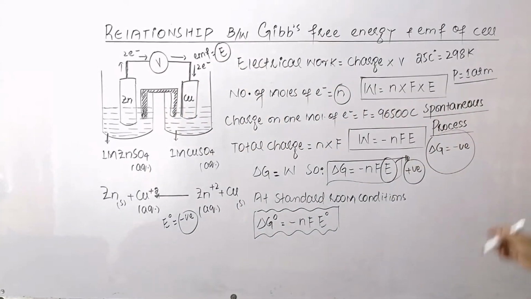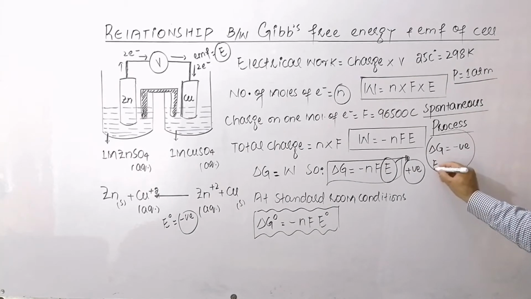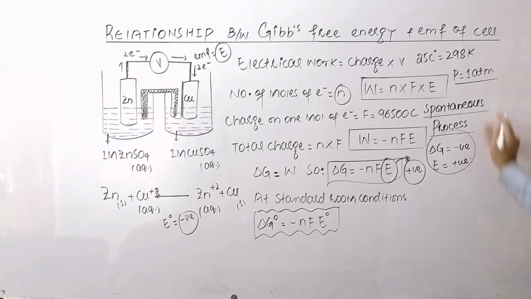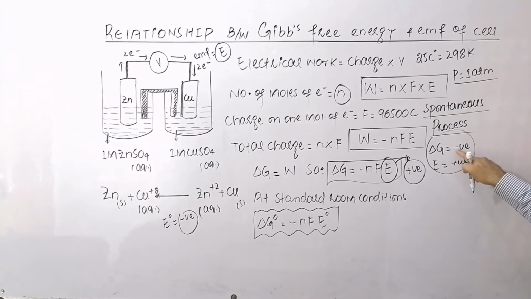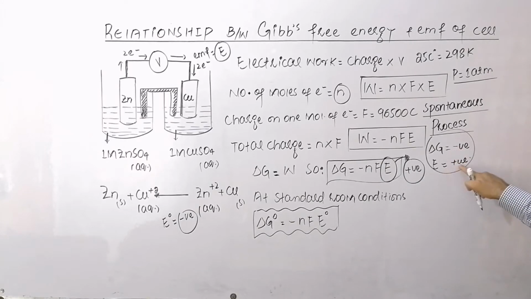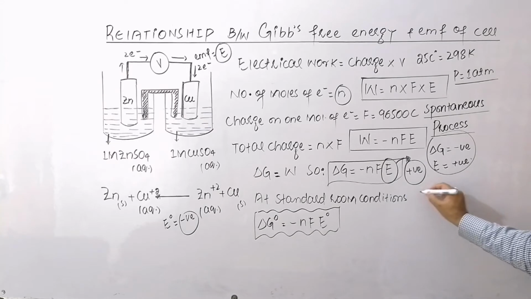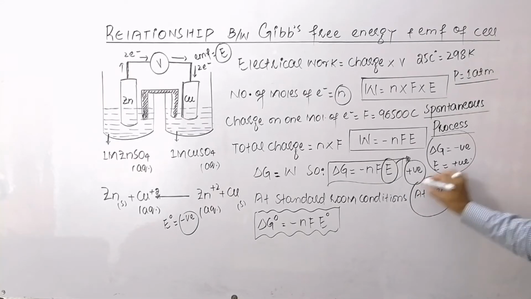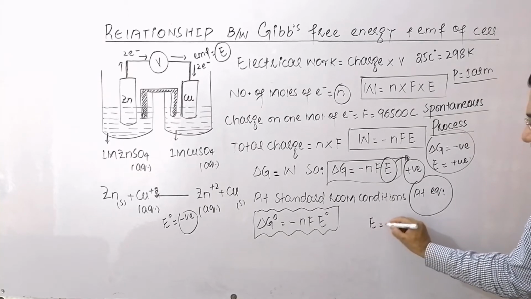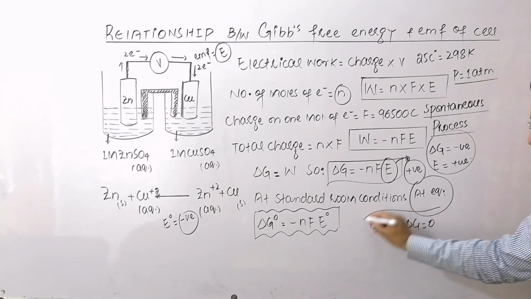So keep in mind that if delta G is negative, it means E is positive. That will be the spontaneous process. And if delta G is positive, it simply means that E is negative, and that will be the non-spontaneous process. And at the state of equilibrium, you know very well that E is equal to 0, and because E is equal to 0, delta G is also equal to 0.